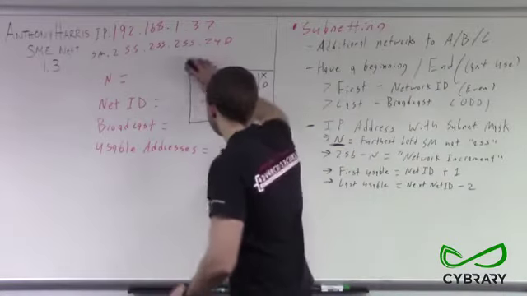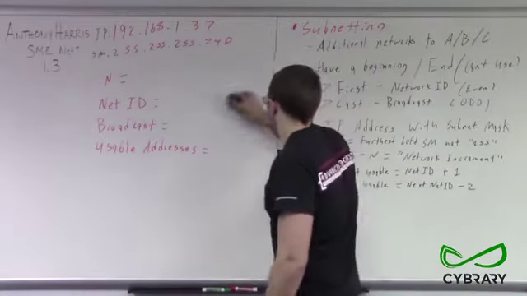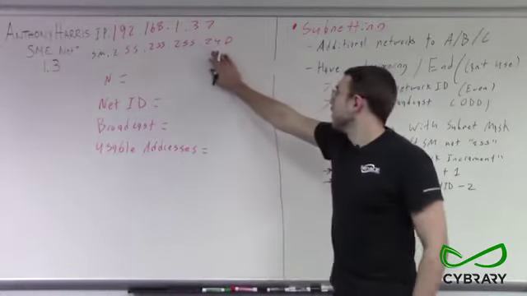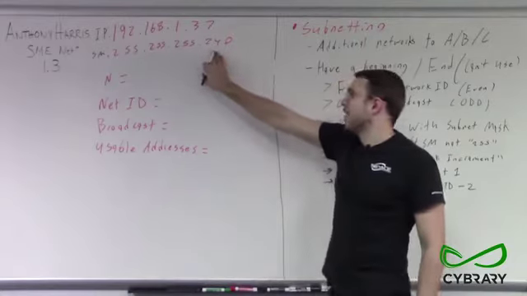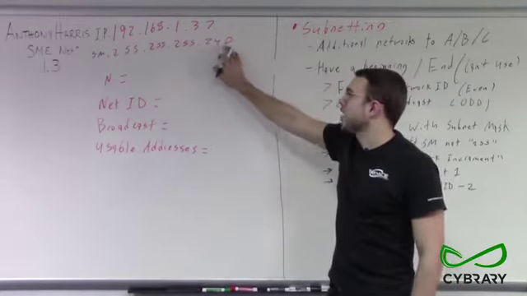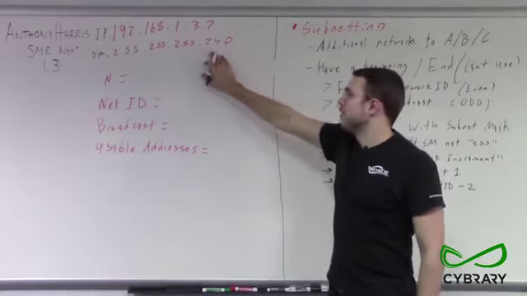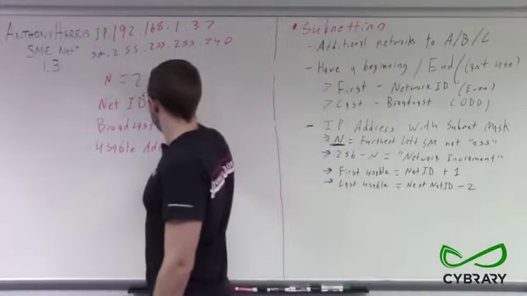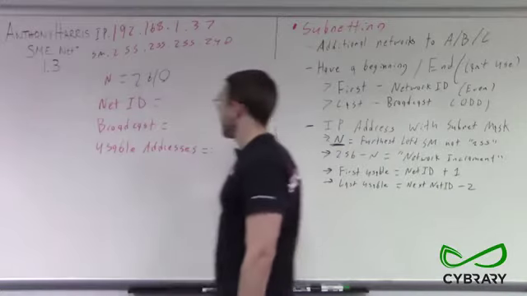Well, our first step again is to identify n. N is going to be our first subnet mask octet over which does not have 255 in it, so it's 240. So n is going to be 240.